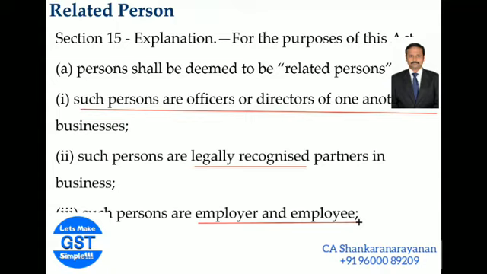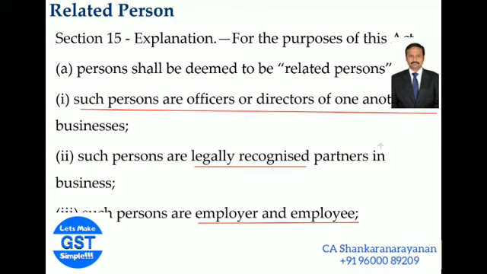But a director who is an independent director will not become a related person. Why? Because the first point did not say director and the company are related. It is saying if you are officers and directors of one another's business. So a director and a company will not become related by the first point, but by the third point, an executive director can become a related person. That is the importance of the third point.